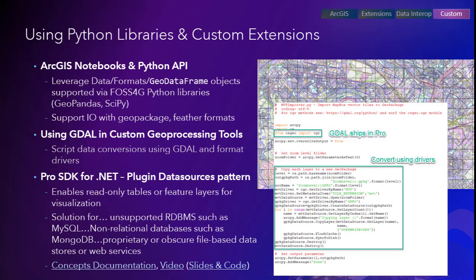In ArcGIS Pro, we also have the SDK for customizing a plugin data source for unsupported data types that you need to recurringly access within Pro in a read-only way for visualization.